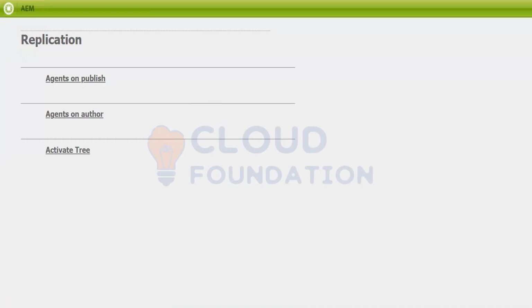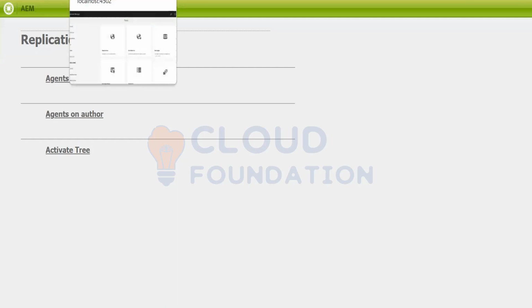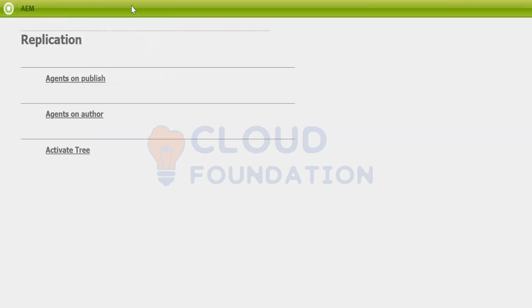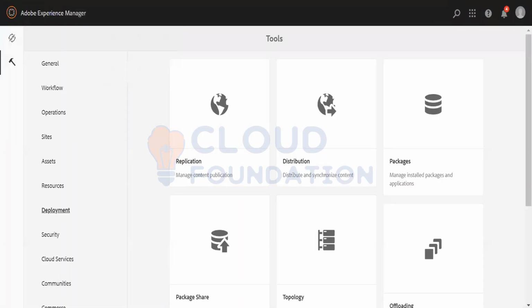So there are a few screens which are still based on classic UI, even on the latest version of AEM, that is 6.5. But going forward on Adobe as a Cloud Service, these classic screens have totally been removed and are no longer in use. And this replication screen is also gone.